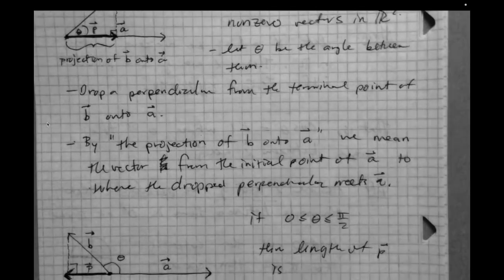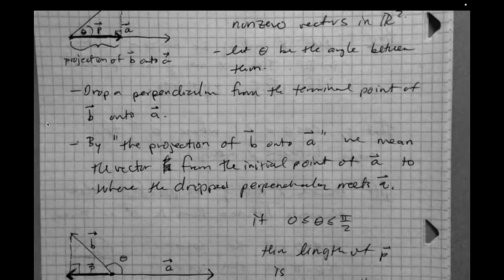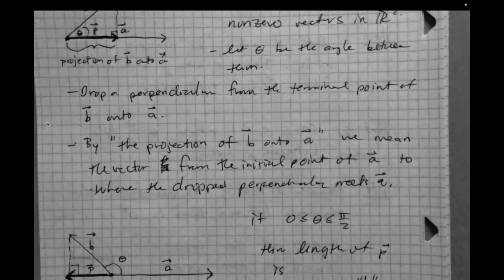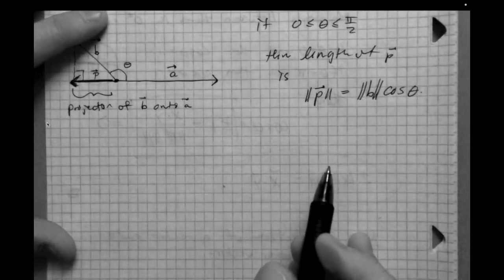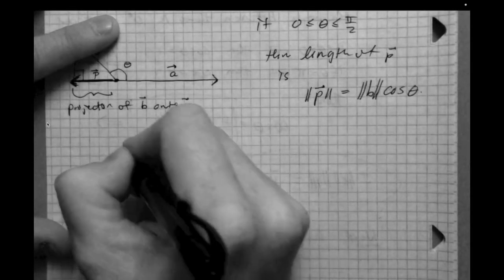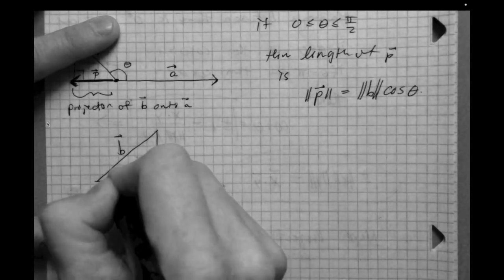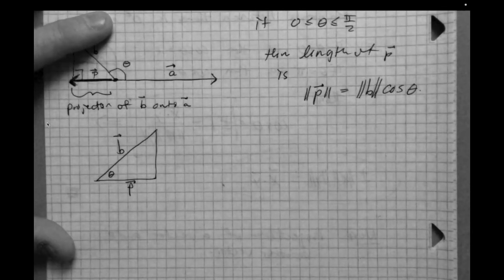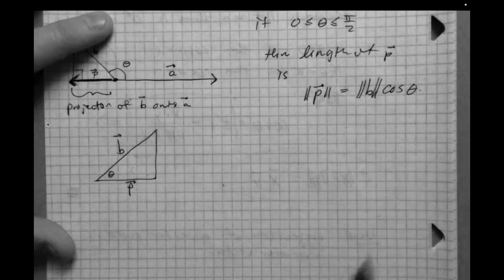The length of P, i.e. the norm of P, is going to be equal to B times cosine of theta. Right, now do we see why that is? Let me redraw it down here so we can keep it all on one page. So there's my B, here's my P, there's theta. So what I'm saying is that the length of P is equal to B times cos theta.